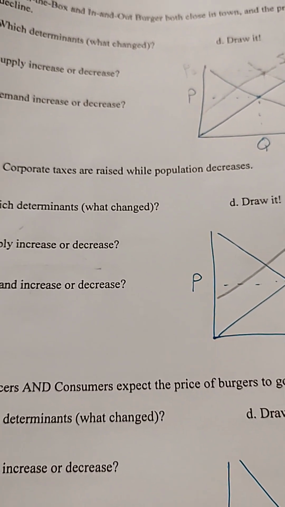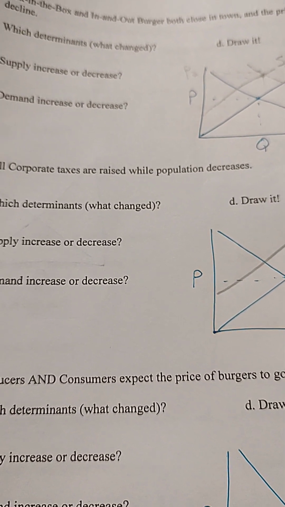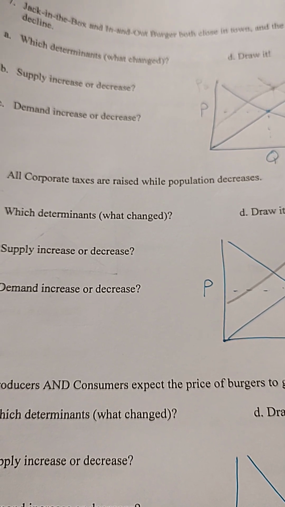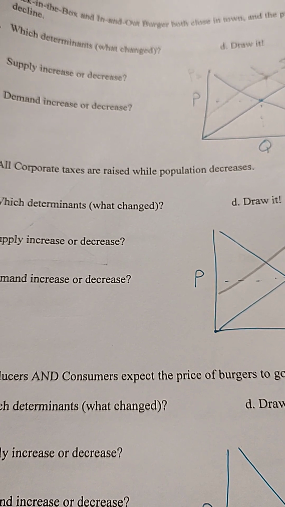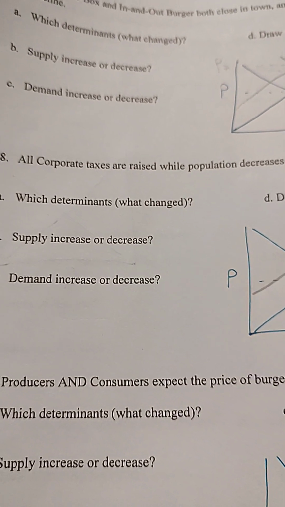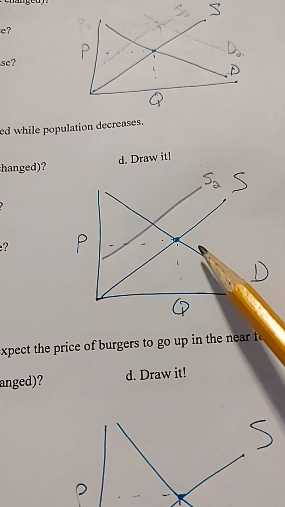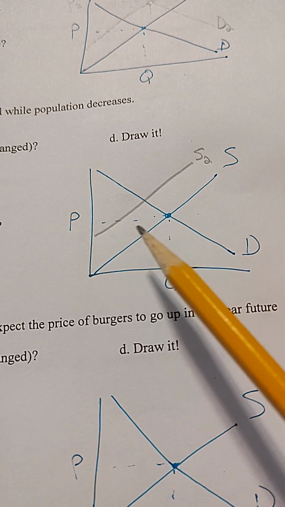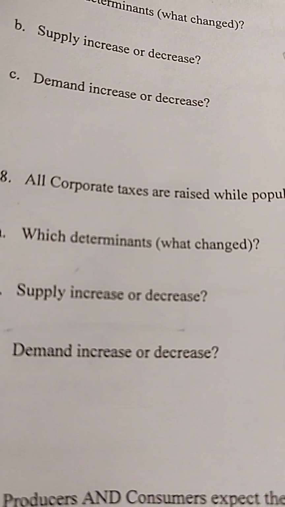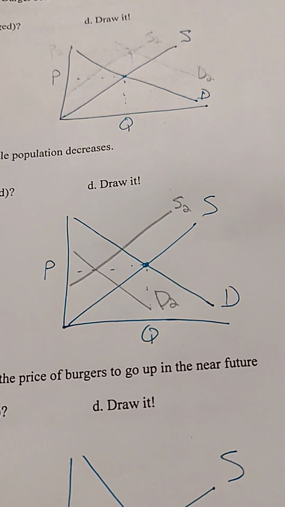Now it says population decreases. I go back: population, is that supply or demand? Well, population is going to be demand. And since population goes down, demand is also going to decrease. So that's also going to be a leftward shift, and I'm going to draw a second demand curve over here to the left. I label that one D2.